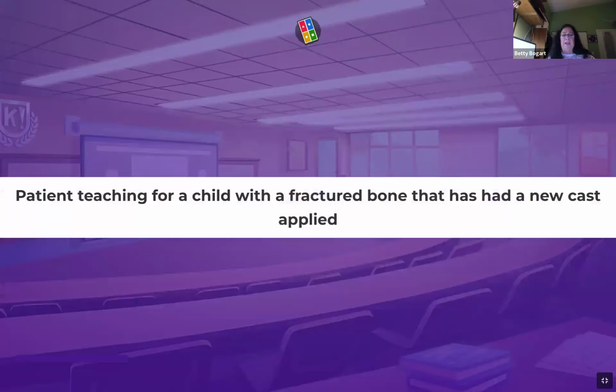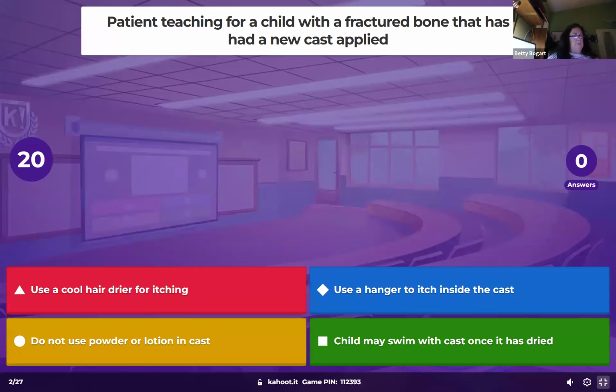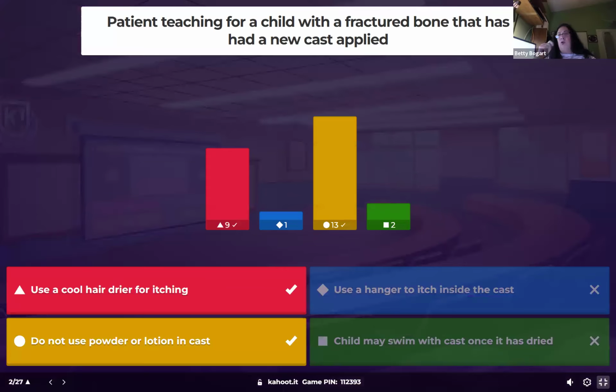Multi. Patient teaching for a child with a fractured bone that has had a new cast applied. So remember cast, that cool air on a hair dryer, it works.